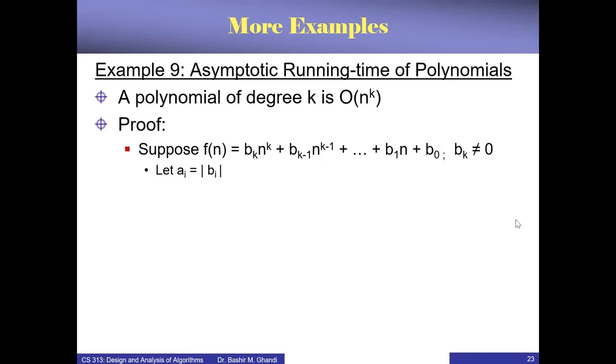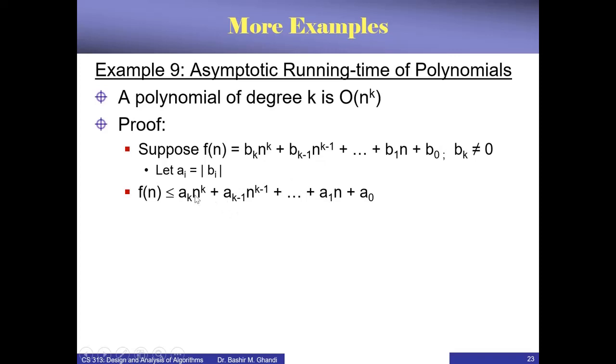Then in case some of these coefficients, bk minus 1 and so on, are negative, let us take their absolute value. So we are sure that the terms are all positive. Then we can say our function fn will be less than or equal to the resulting polynomial, where we use the positive coefficient rather than negative.